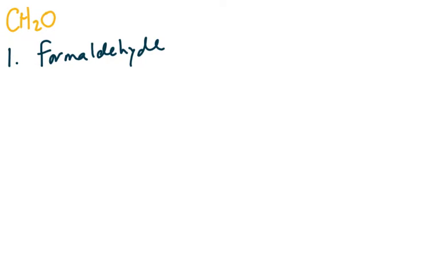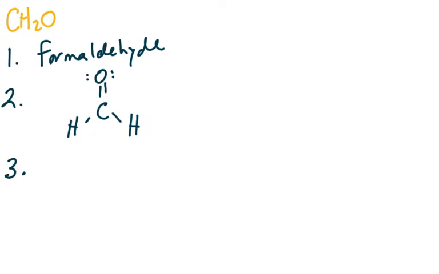Okay, then the last one is CH2O. We've only talked about naming binary covalent compounds, that means compounds with two elements, and so we're not going to have a standard name for this one. That's kind of an exception. It is called formaldehyde, which you may or may not know. It's okay if you don't. But we can still draw the Lewis structure. Again, we've done this one.